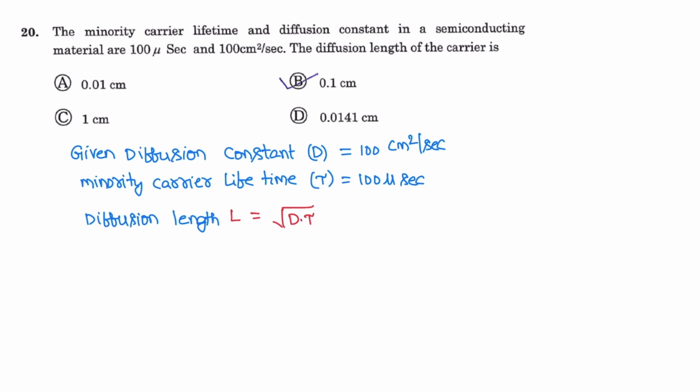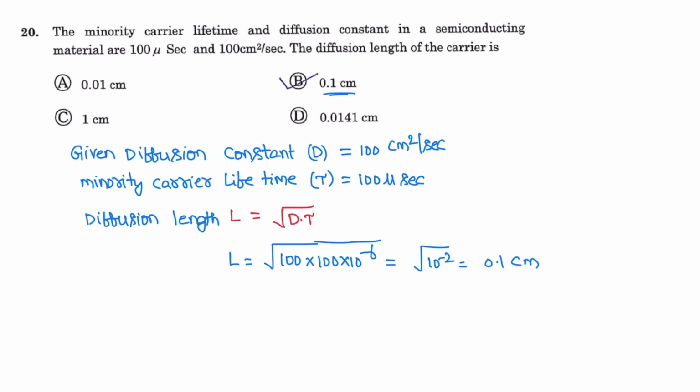So square root of diffusion constant, that is 100, and carrier lifetime 100 micro, 10 power minus 6. So here it will be 10 power 4, 10 power minus 6, that is 10 power minus 2, 0.1, 10 power minus 1 centimeter. So correct option is 0.1 centimeter. So diffusion length is 0.1 centimeter.